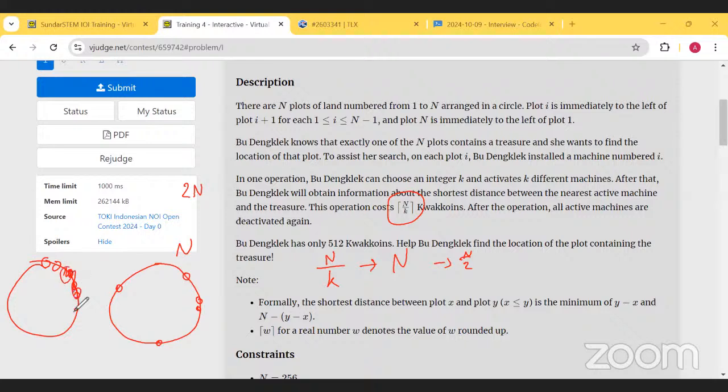So if we query all the location, then it costs only 1 coin. But of course the response will be 0 because we query all the location, so we don't need the response. We don't need the information.